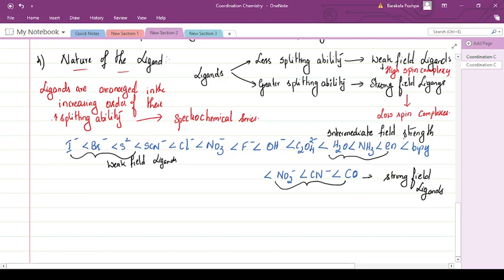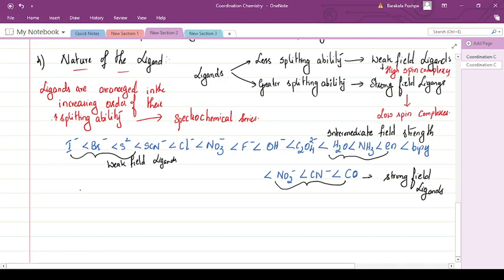If the splitting of the d orbitals resulted from point charges, we could expect anionic ligands to exert the greatest effect. But most of these anionic ligands are weak field. We said the metal is electropositive in nature, having vacant d orbitals available for the ligands to come and form a bond.